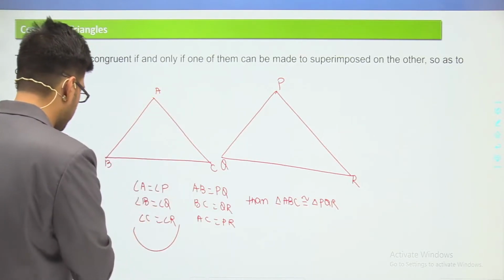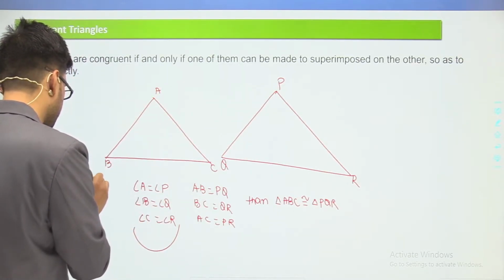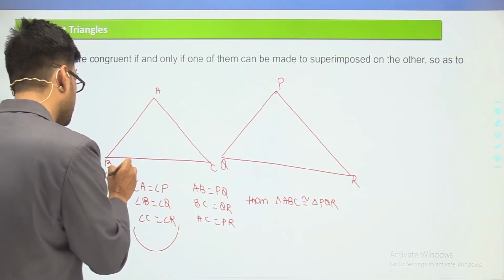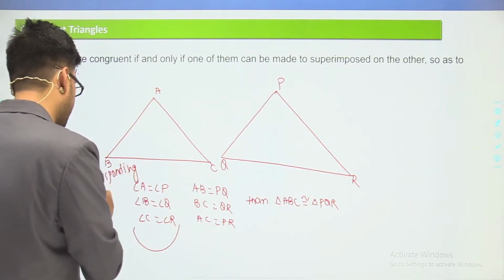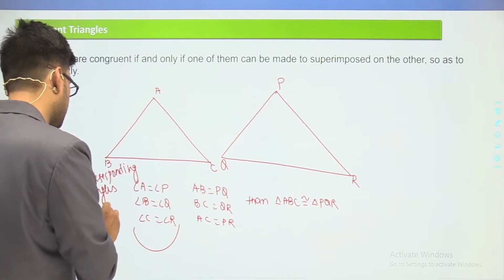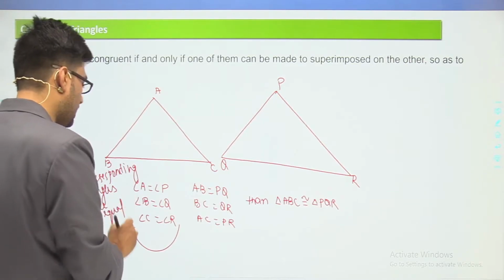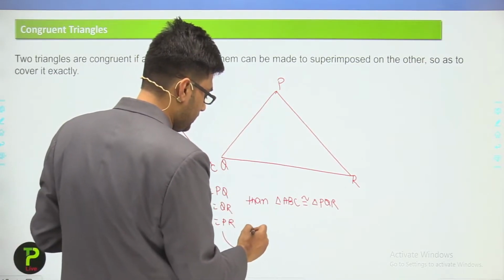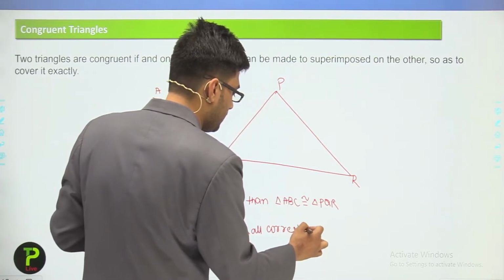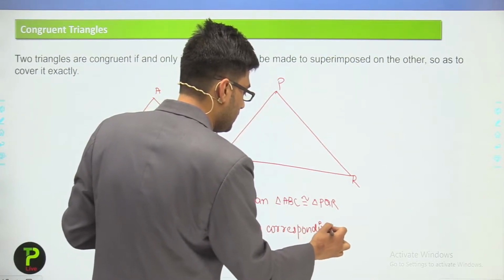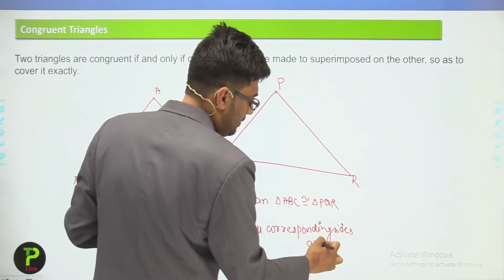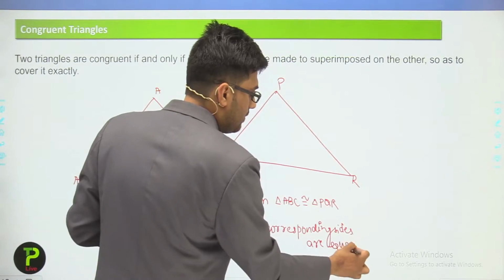All corresponding angles are equal. And all corresponding sides are equal.